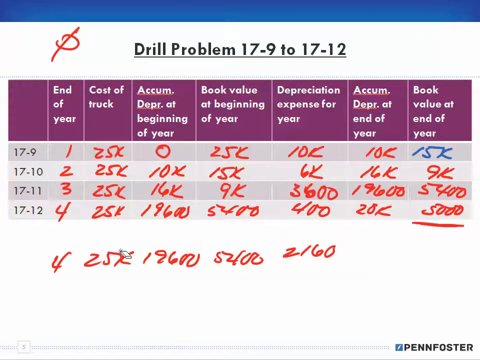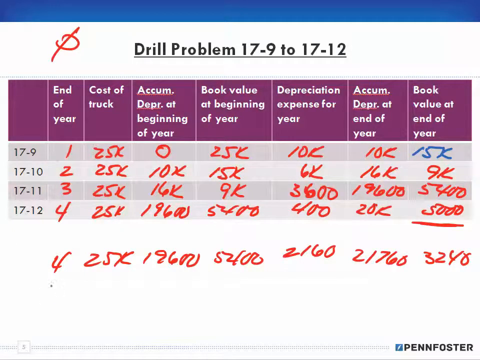And then I would add 19,600 plus the 2,160, which would have given me 21,760 from 25,000, which would have given me a remaining amount of $3,240.